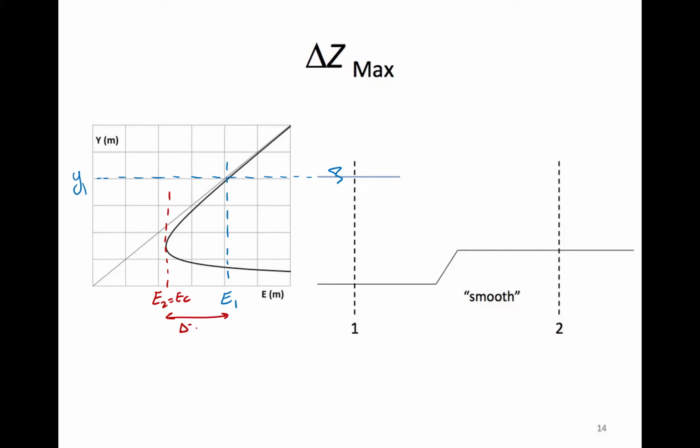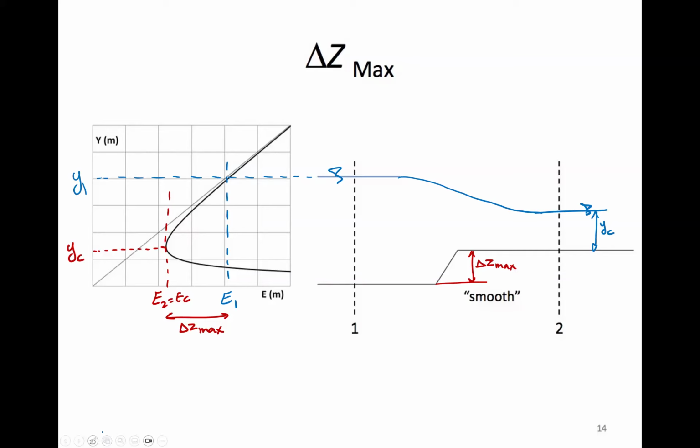It is delta Z max. And at the critical point, depth is exactly YC. All right, so delta Z max is here, and depth downstream is here, and it's equal to YC. And again, because we have a gradual, smooth step, water level will translate very, very gradually.